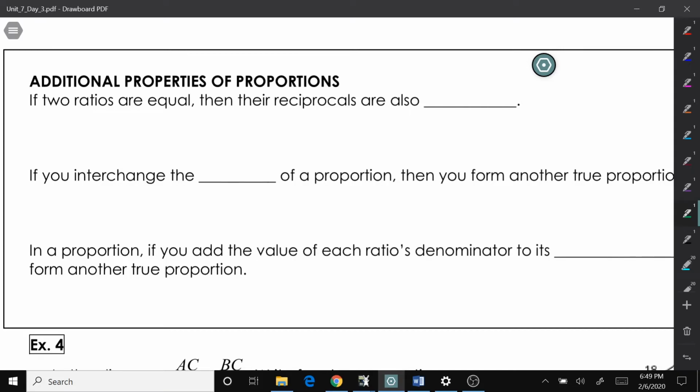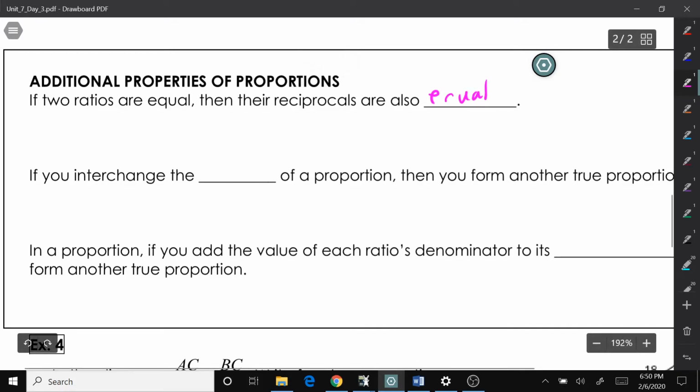So one of them that is particularly useful is if two ratios are equal, then their reciprocals are also equal. I call this flipping both fractions. So if we have a ratio of 3 over 5 equals 9 over x, you can flip both fractions and have 5 over 3 equals x over 9.